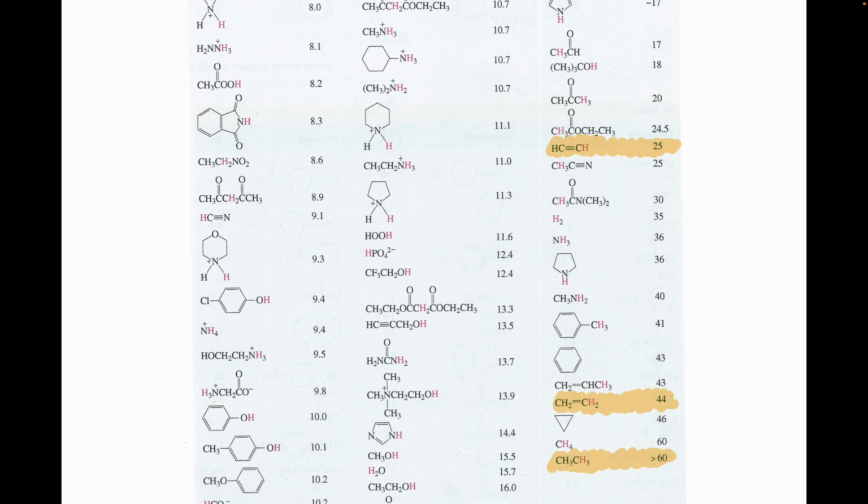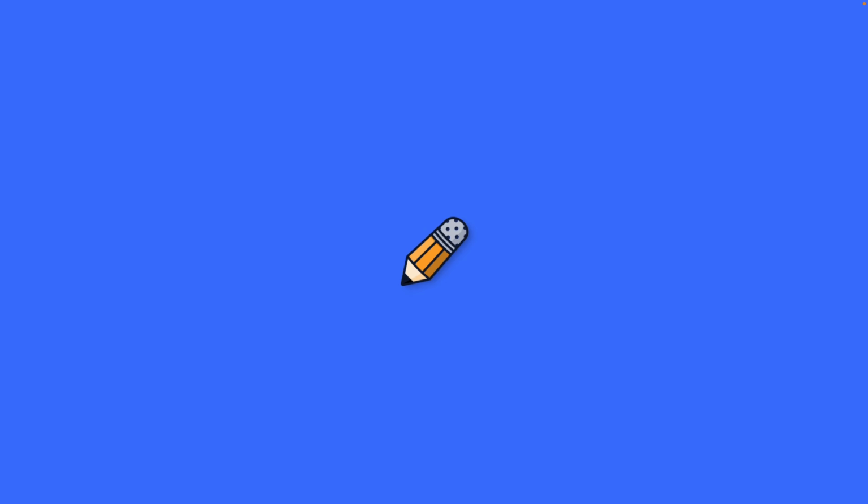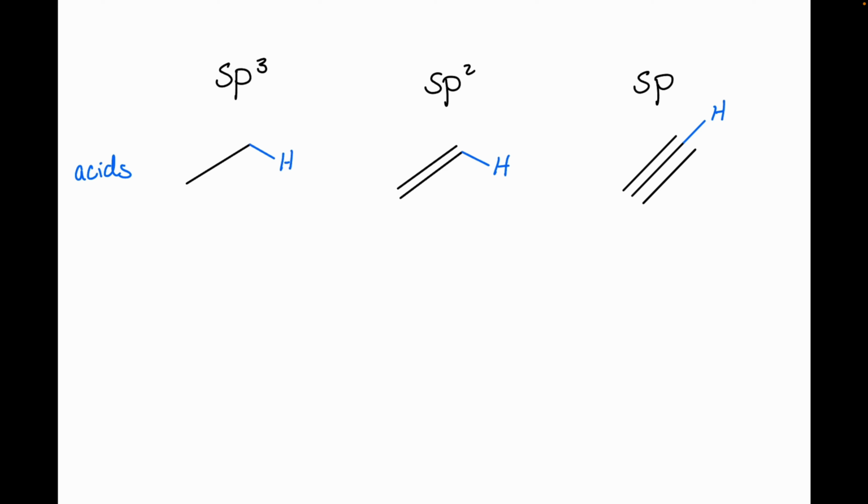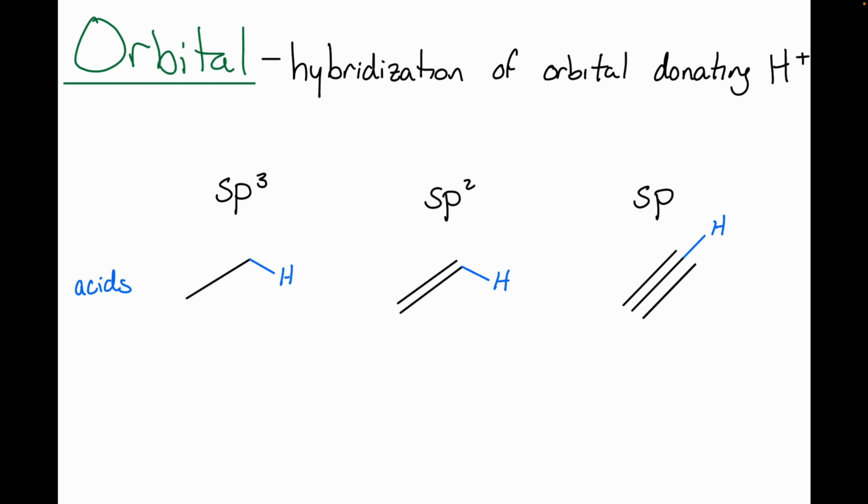All right, so looking at our hybridization here, an sp hybridized orbital is going to be the strongest acid. An sp3 hybridized orbital is going to be the weakest acid. All right, so why is that?